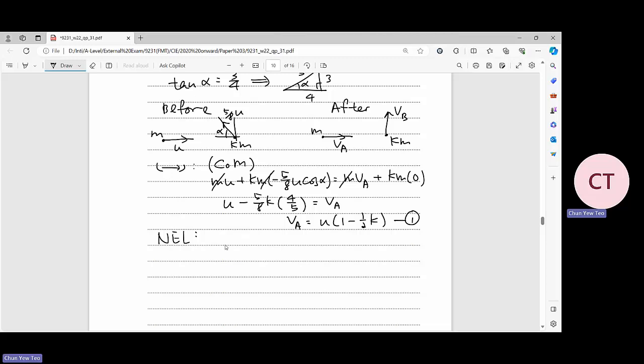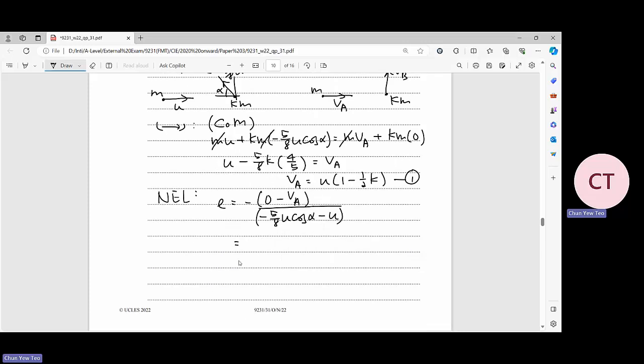It says that e is equal to the negative of (v_B minus v_A) divided by (negative 5/8 u cos alpha minus u). Just a formula. Here v_B has no horizontal motion, so it will be 0 minus v_A. And e is given as 2/3.